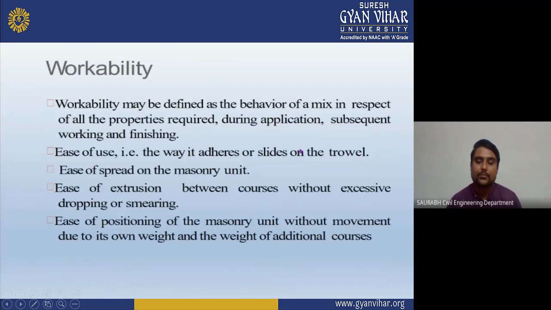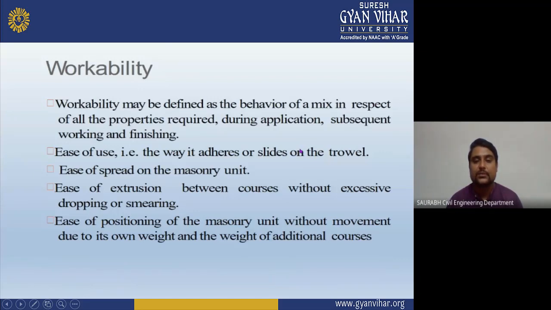Now we will see the properties of mortar. The first one is workability. Workability may be defined as the behavior of the mix in respect of all the properties required during application, subsequent working and finishing.